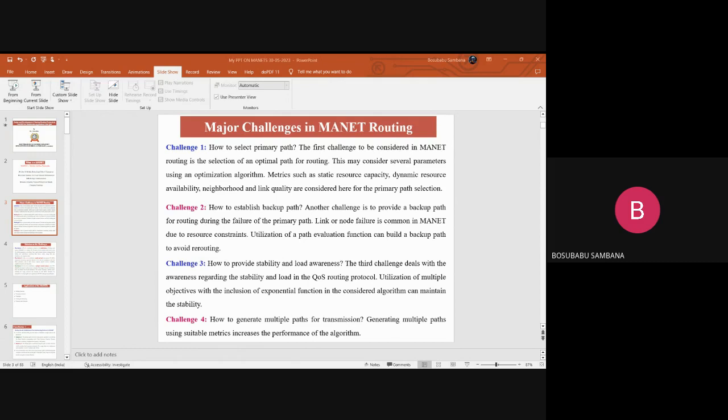Already we discussed these things. And the second one is the objective, the backup path: if any failure occurs during the transmission, then immediately backup routing protocols send alternative ways.